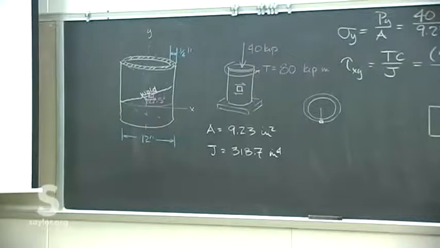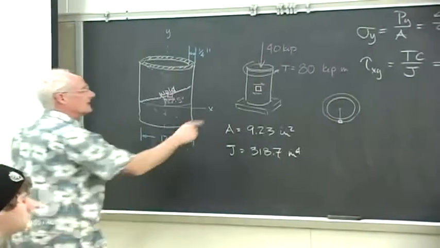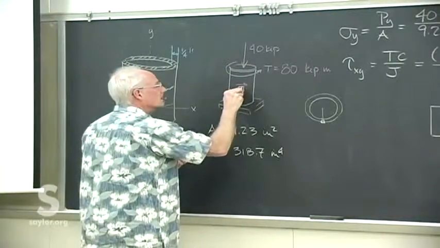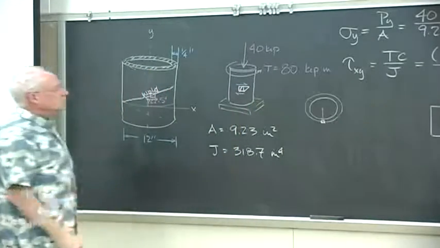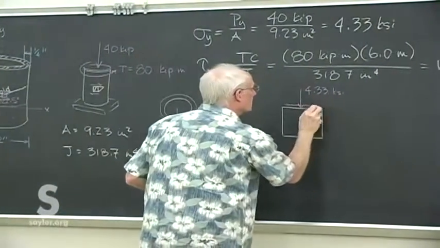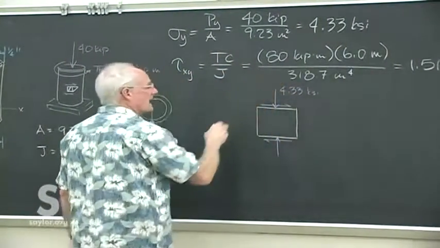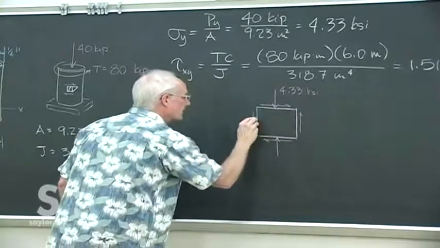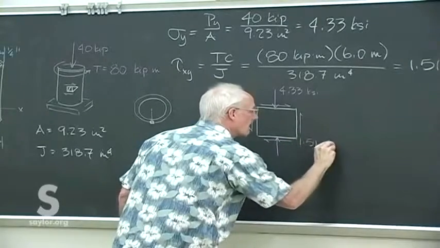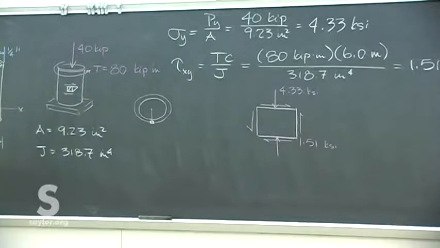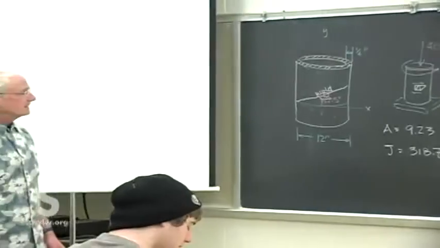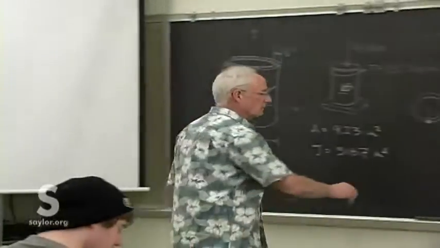If this was made of rubber, you describe that little circle on there, I mean that square on there, and then twisted this thing, you'd find it sheared in just that direction. So that gives us the direction to go with the magnitude that we've got there, and once we've got that, we've got the other faces. And so that's an expected shear in the ordinal directions, the directions as lined up with the loads and the piece itself, of 1.51 KSI.